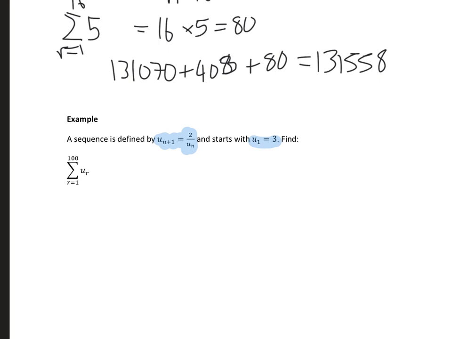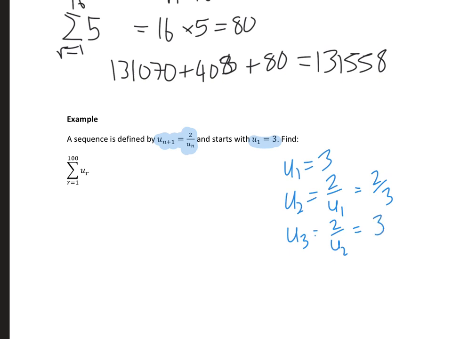So the first term, u1 is 3. u2 would be 2 over u1, so that's 2/3. u3 would be 2 over u2, so 2 over 2/3 gives me 3. So you can see it's going to keep alternating, so it's a periodic sequence.